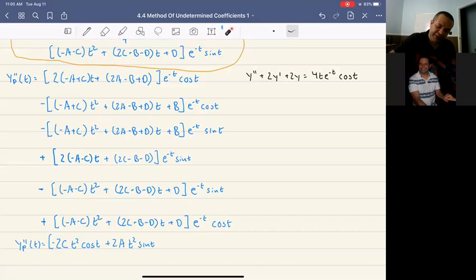How about the b's? Minus b. There's a minus b cosine t. Anywhere else? Minus b cosine t down here too. So there's minus 2b cosine t. Minus 2b t cosine t, sorry.